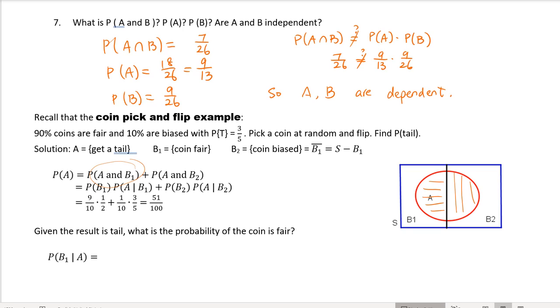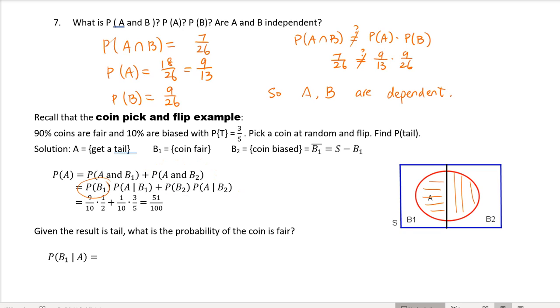Well, we must pick the coin first. After we pick the coin, then we know the probability of getting tail for that coin. So that's why we have P of B1 times P of A given B1. And similarly, we have P of B2 times P of A given B2.